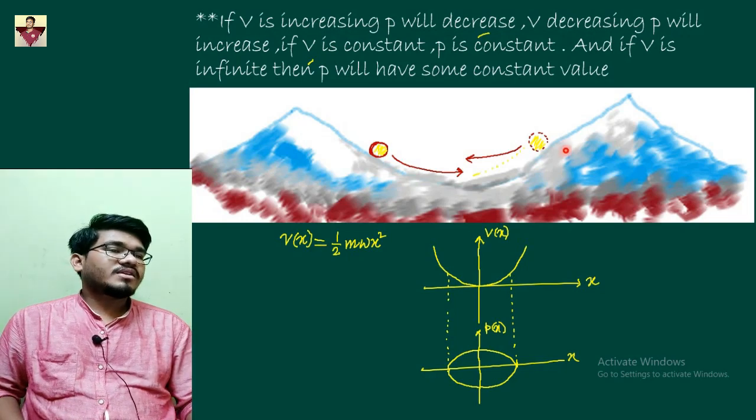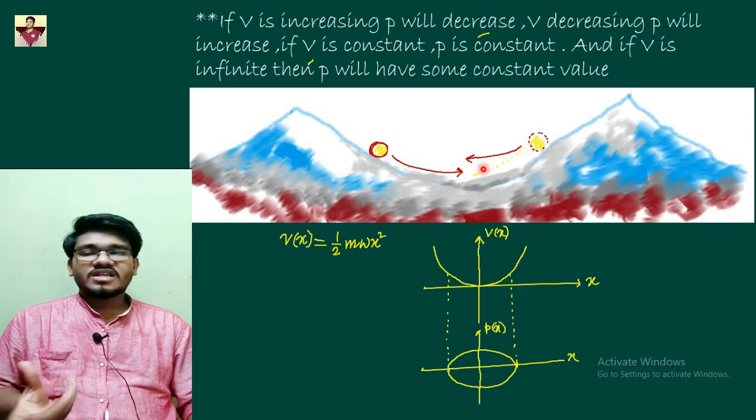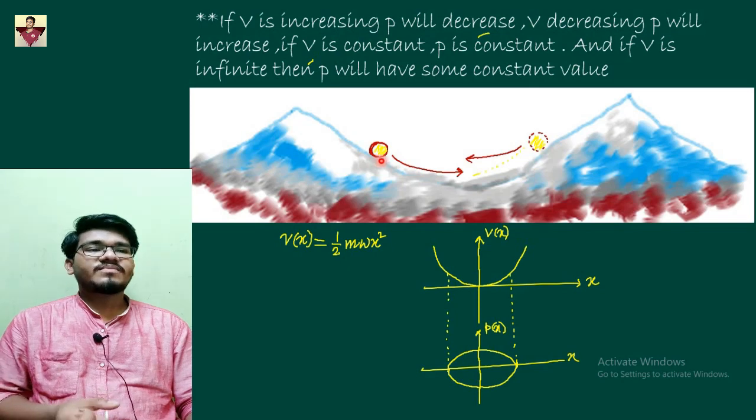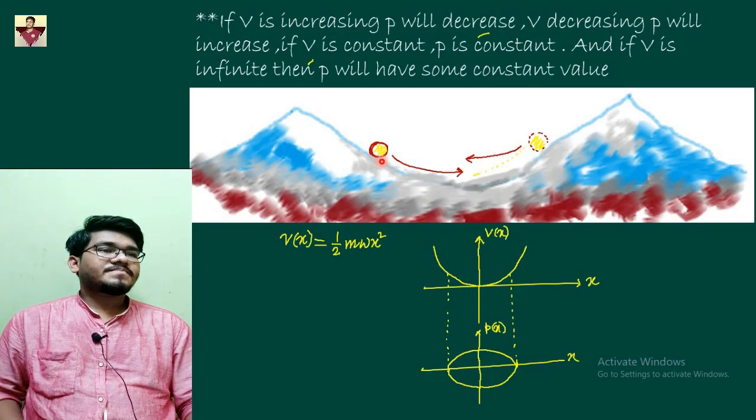When the ball is coming down along this path, its velocity will increase and potential will decrease. Then it goes to this point, again potential energy increases and velocity decreases. So when there is a maximum of potential energy, there will be a minimum of momentum. You can keep this analogy for this potential.